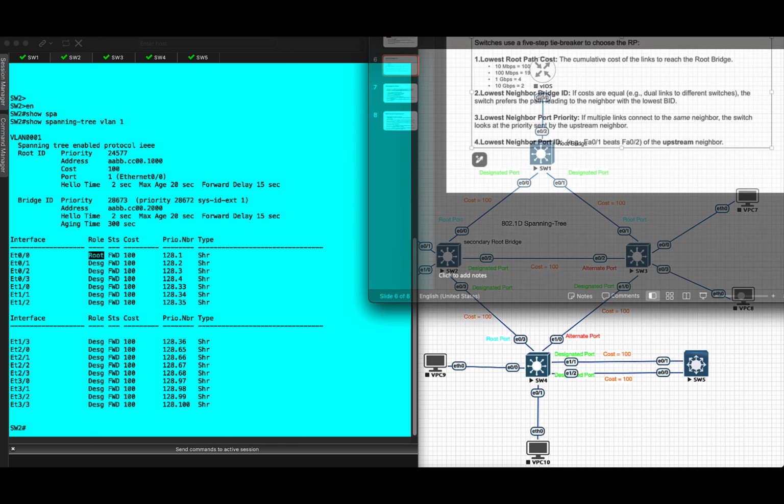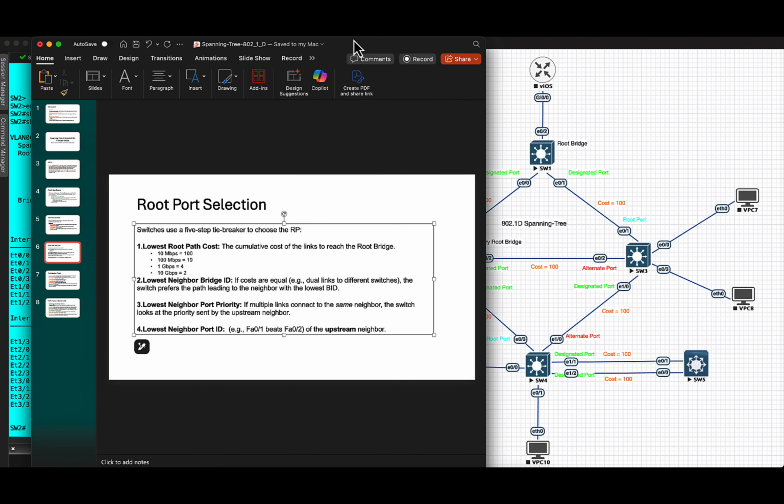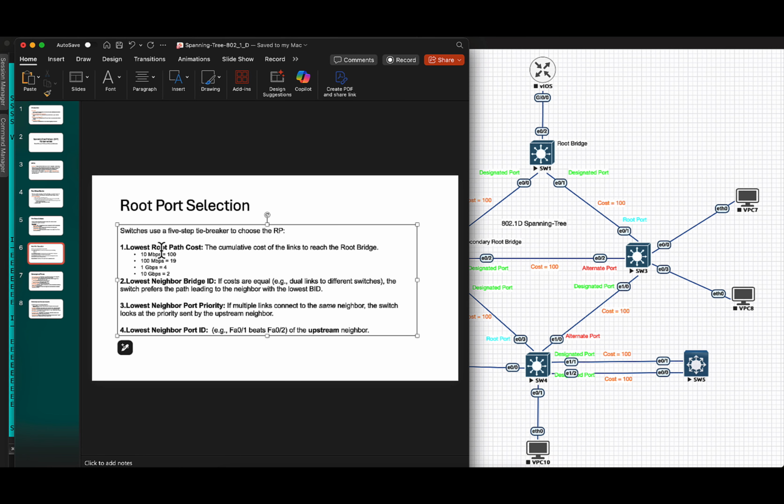And so we're going to look at that root port selection process. To understand that, let's take a look at this. These 1, 2, 3, 4 criteria are the selection process of how a switch decides which of its interfaces will be the root port. Okay, so this is in numerical order.